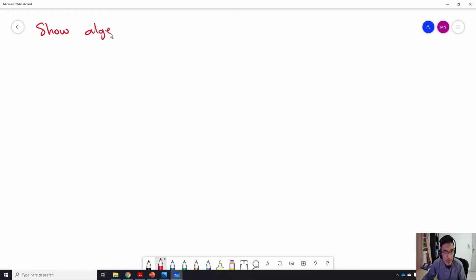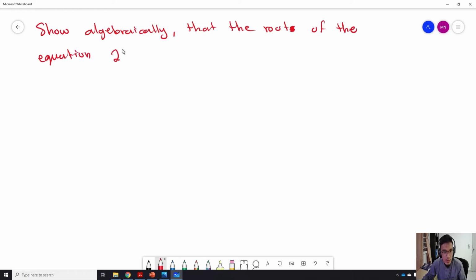Let's look at one more example. Show algebraically that the root of the equation 2x equal to x power of 3 lies in the interval 1.3 and 1.4.